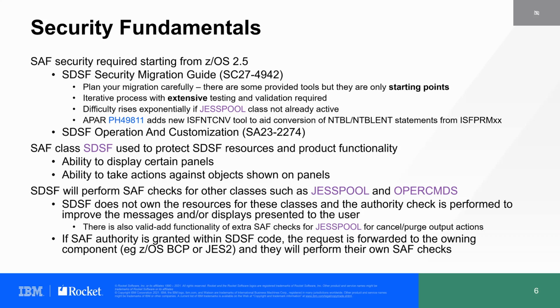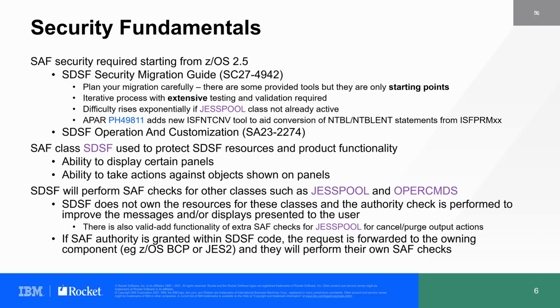Okay, all the security documentation is in our Operation and Customization manual, and it's a large amount of tables. There's a lot of profiles that we use internally for the SDSF class security and the JESSPOOL and OPERCMDS classes that we call as well.